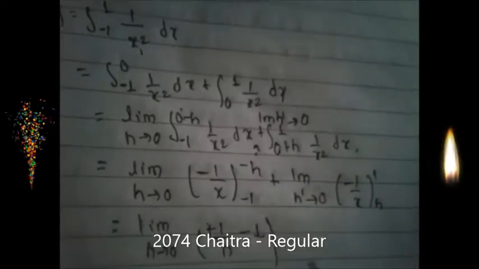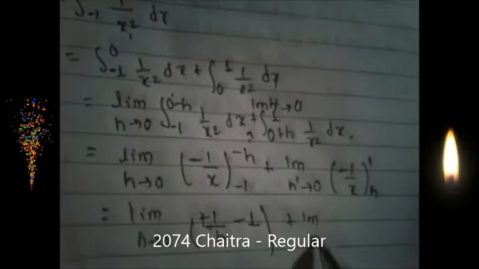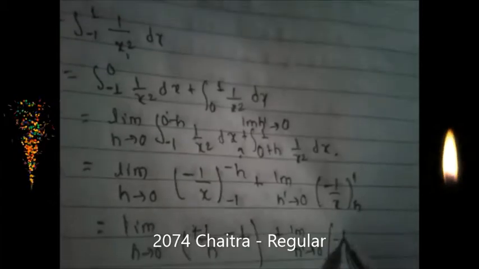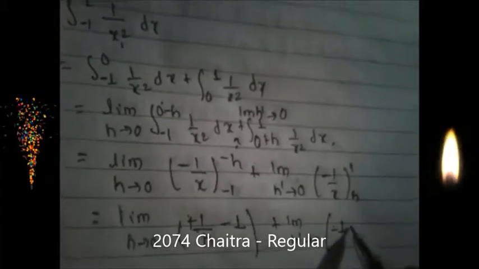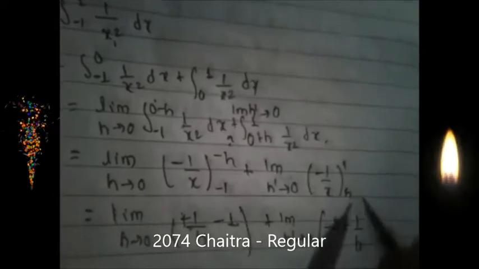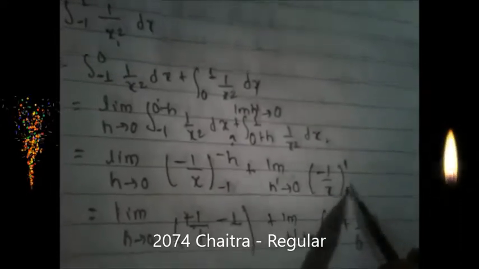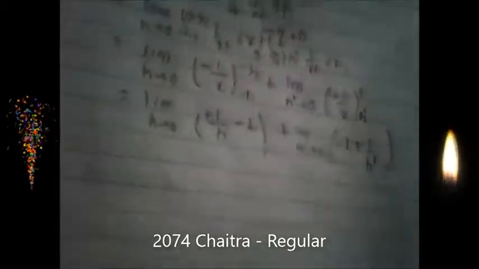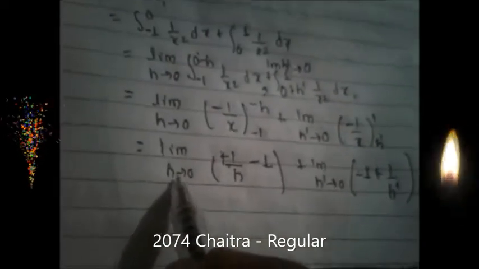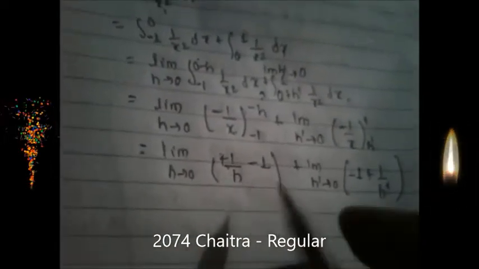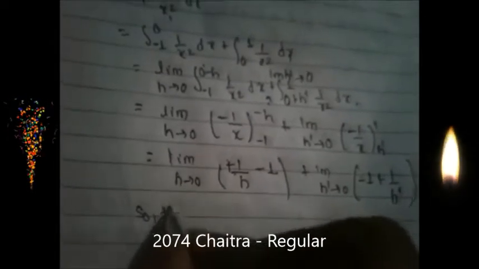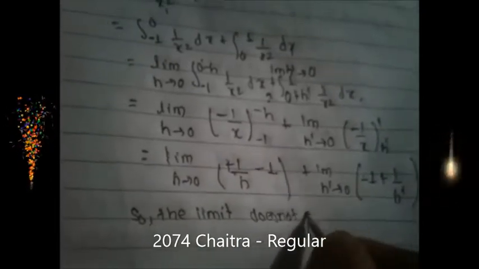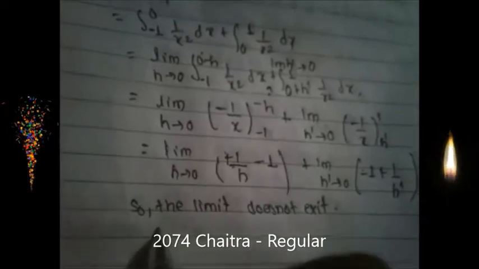For the other value it will be 1 plus limit h dash tends to 0, and it would be minus of 1, and minus would be plus 1 upon h dash. So when we put the value of h here it would be 1 upon 0 form, so the limit does not exist. That is, integration is not possible here.